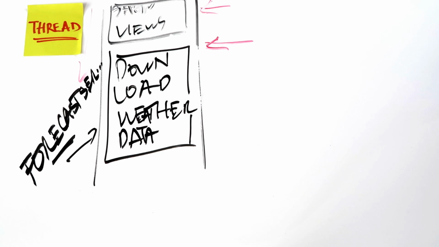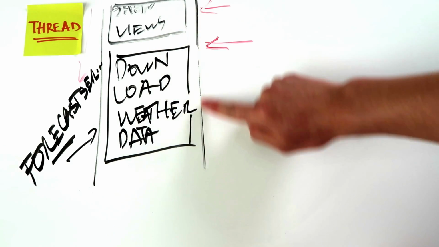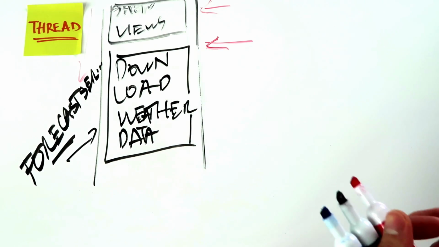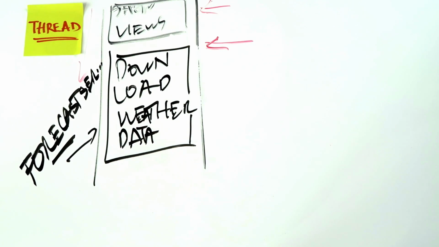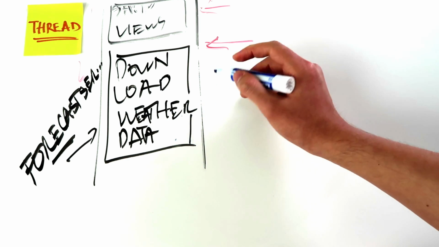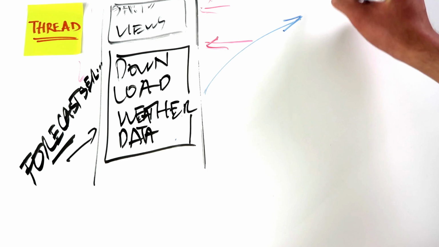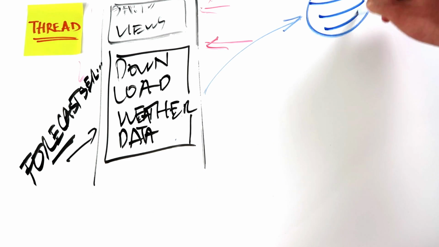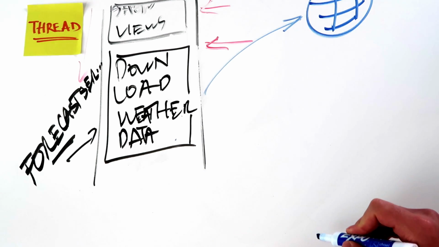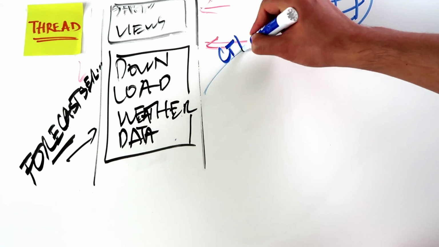Remember, that is the method we are talking about. Now, this download weather data, download current weather, is not a method that simply runs from top to bottom down the stream. Why is that? Well, it is going to go off to the internet, into the interweb, and say to your server, hey, get me some data.